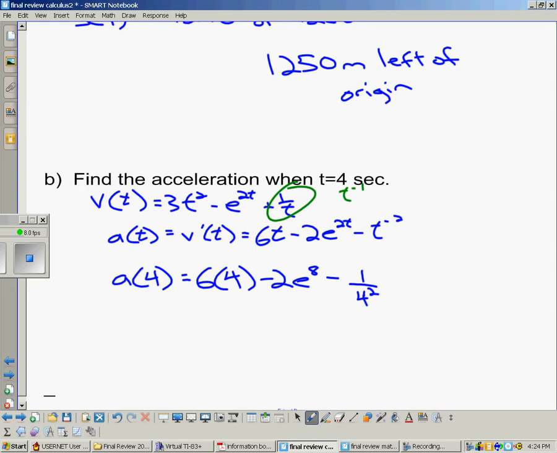Work that out in your GDC, you'll get negative 5938, okay, or to 3 sig figs, negative 5940. And the units here should be meters per second squared because it's acceleration.